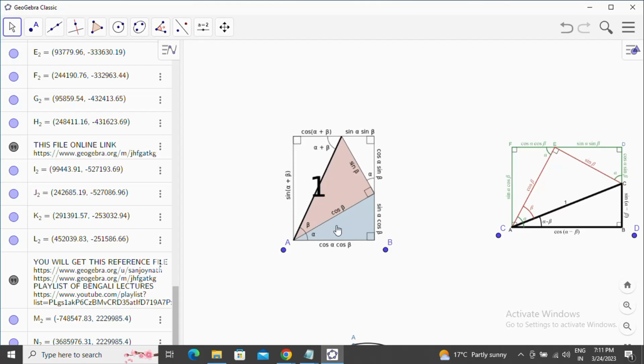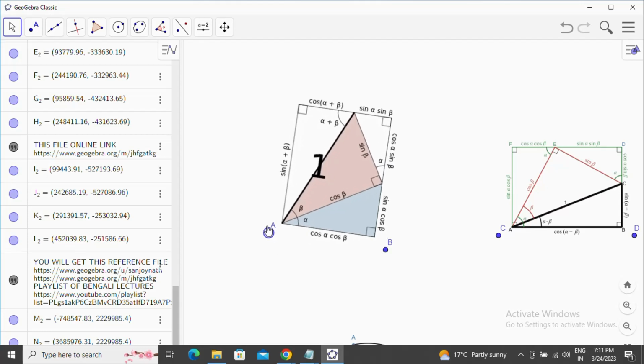Now if we forget this blue triangle and consider only this one, 1, sin beta is the projection, that is the perpendicular, and this one is sin beta since this angle is beta. If sin beta is taken here, then this turns into the hypotenuse for this white triangle, and sin beta is written first, then this one becomes the base. Think of it as a rotated object.